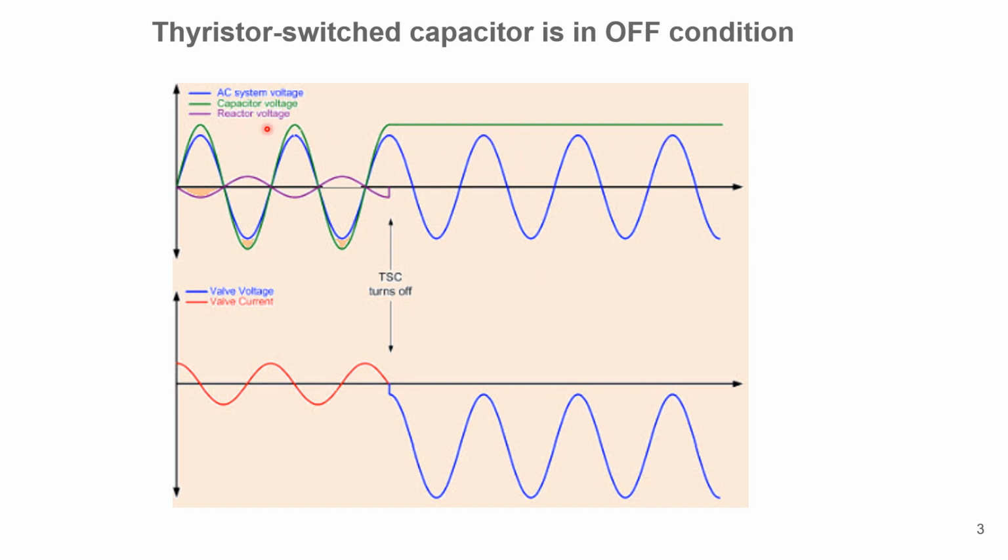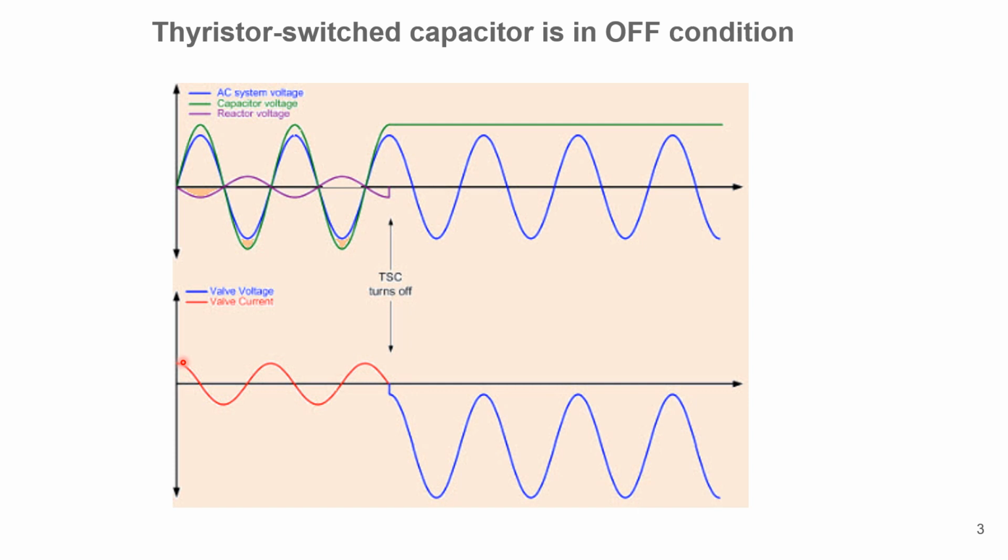Here we have seen three voltages: the AC system voltage in blue color, the capacitor voltage in green color, and the reactor voltage in violet color, along with the thyristor valve voltage and valve current.